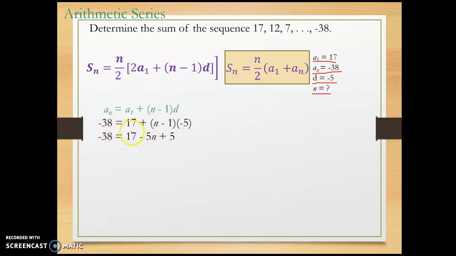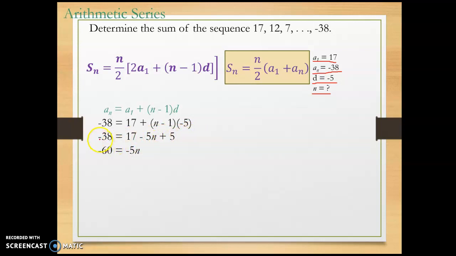Then you copy whatever the values are on the left side. What happened here is you combine the values. So for example, here 17 plus 5 is 22, right? And then you move it to the other side. For formality, we use the addition property of equality.